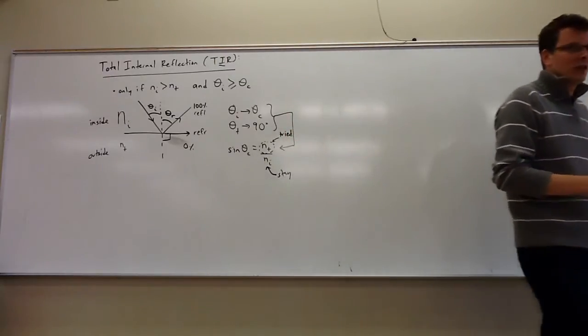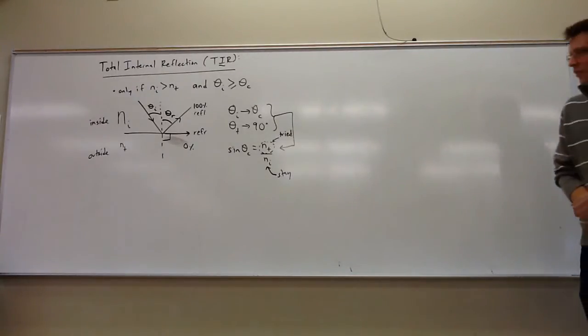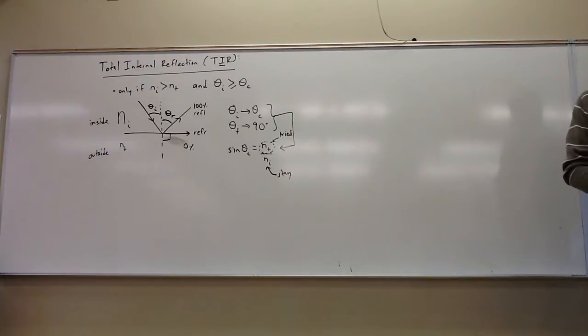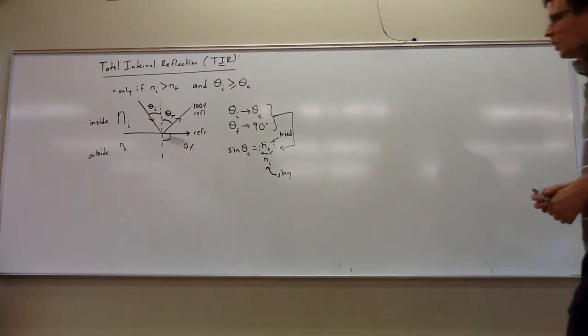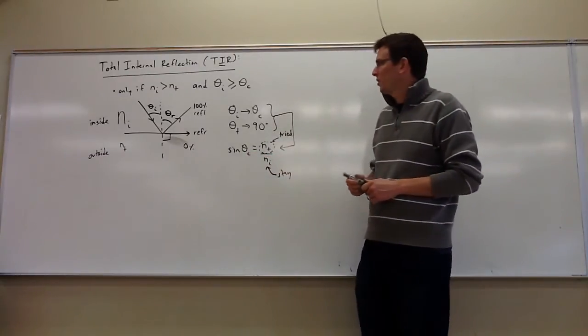Notice that even though you never actually made it into that material, it still enters into the calculation, because of course that's what initiated the reflection in the first place. If you were just traveling in a single material, you wouldn't reflect off of nothing for no reason. So that still enters into the calculation, even though it's the n on the other side that you never made it into.